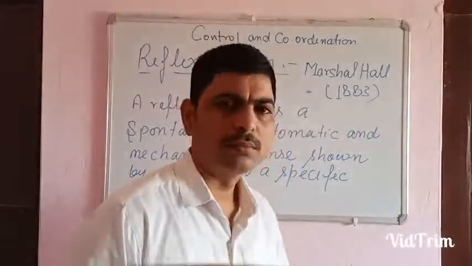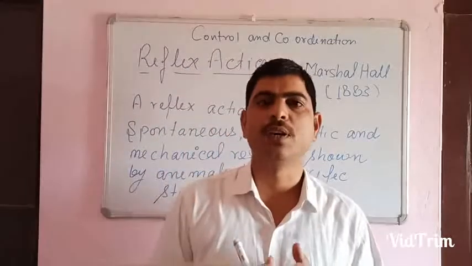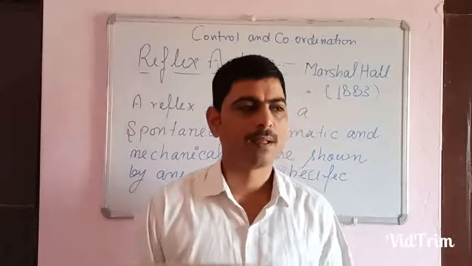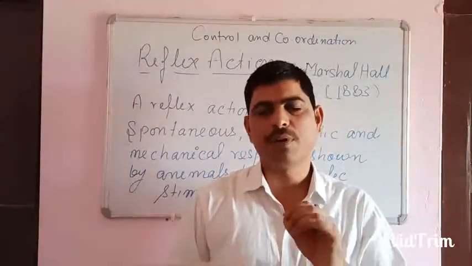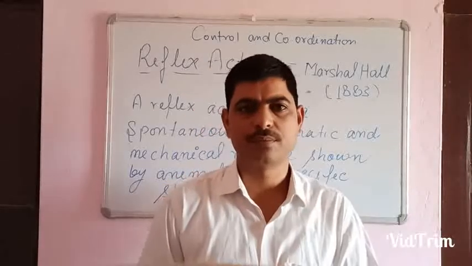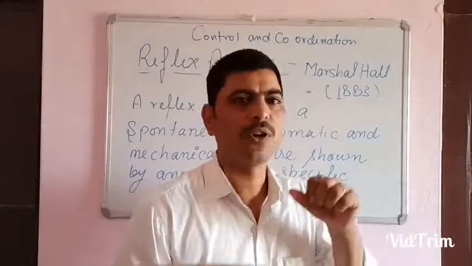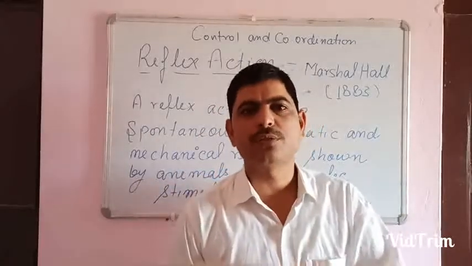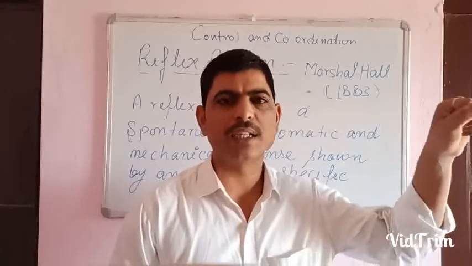Now think about the situation. How does our body actually respond, meaning what is the need of reflex action? Listen. Whenever a stimulus is sensed by the receptors of our body or any body part, that information is sent to the central nervous system, meaning the brain or its parts.